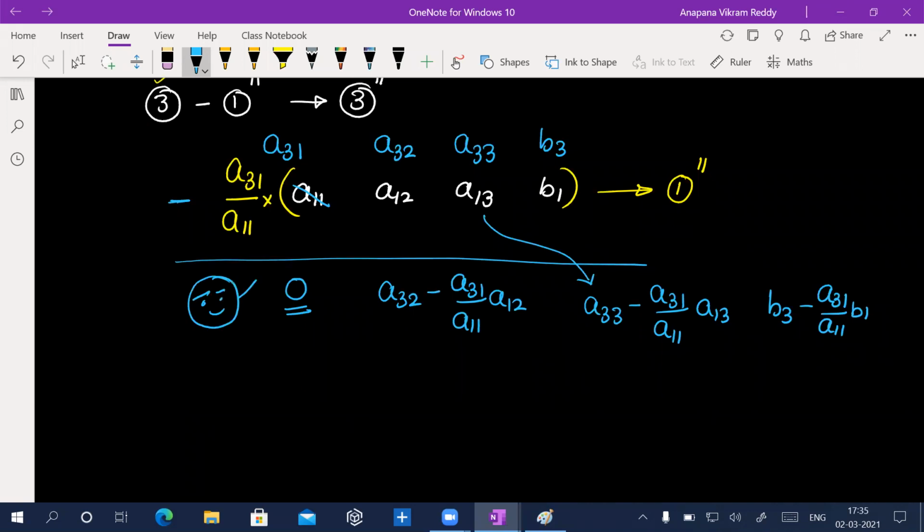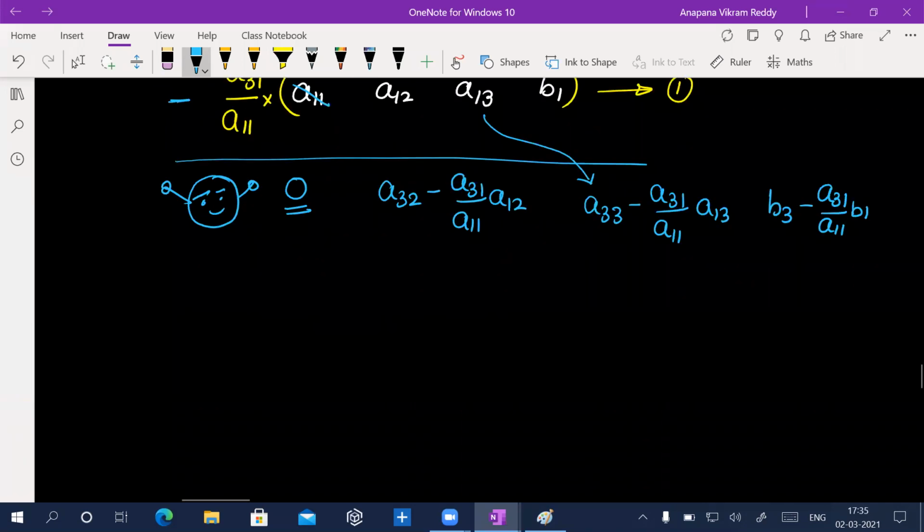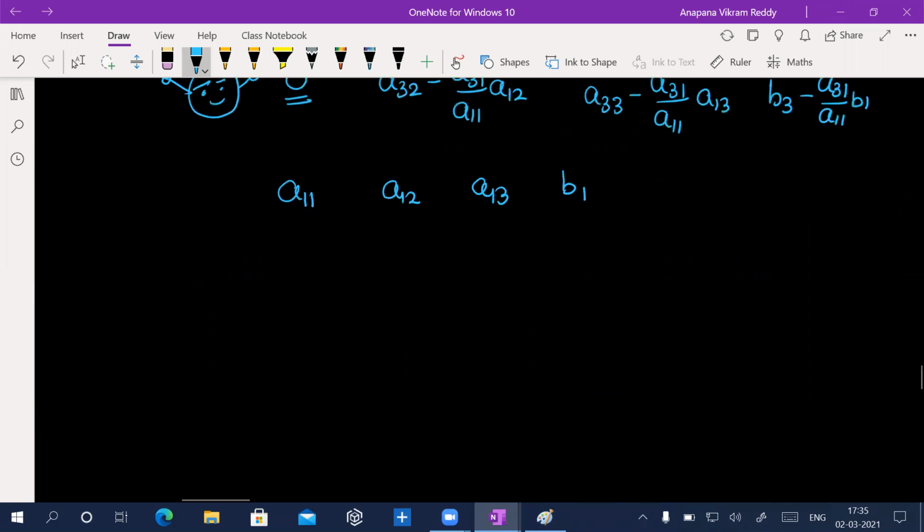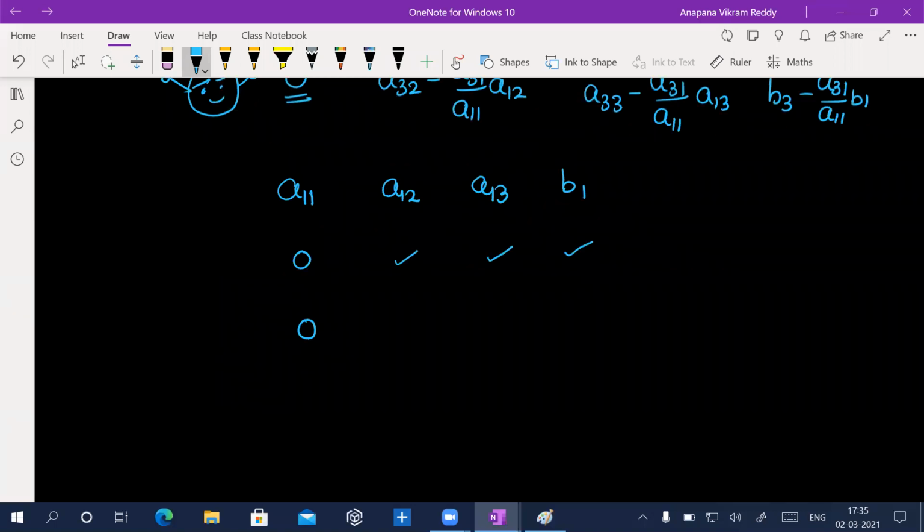So now I can hopefully put it like this. I have here A11 and this is A12 and A13, B1. Now happily I can put 0 0 here. And accordingly these elements also get modified. Whatever elements you have here will get modified and you have something else here.